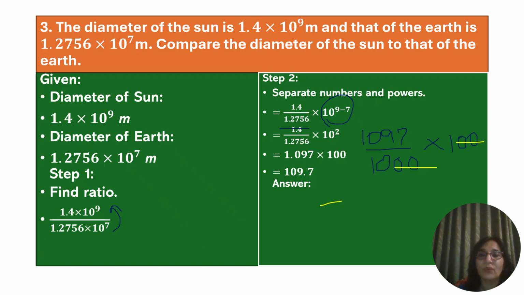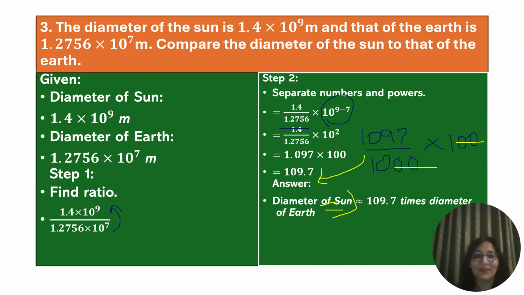So we are left with 1097 upon 10, which is 109.7. I hope this part is clear to you. So the diameter of the sun is approximately 109.7 times the diameter of the earth, or you can mention 109.7 is to 1. You can give the final answer this way, or you can leave it as 109.7. That is also right.